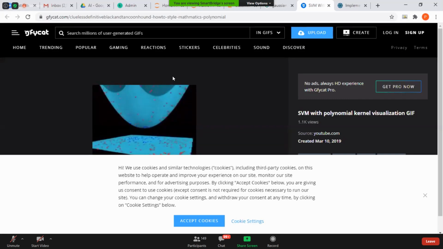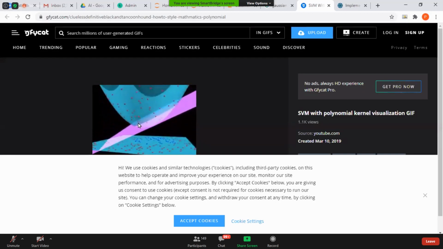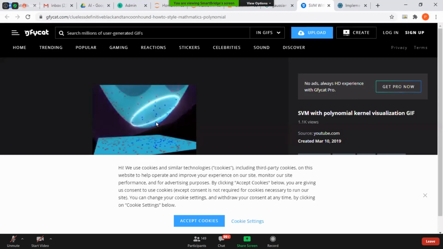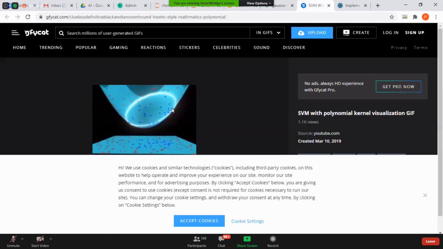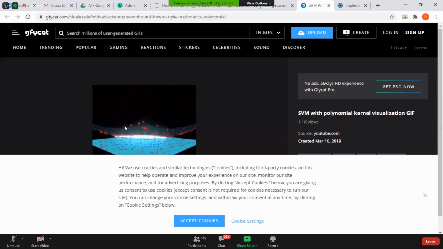All the points are moving upwards, creating a circle. If you see, a circle is created. This is how the separation will take place. Basically that is in the 2D dimension. Whenever you showcase it in the 2D dimension, it looks like a circle. Basically that is a hyperplane.